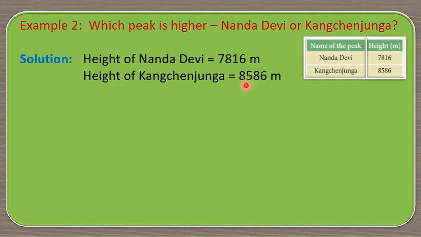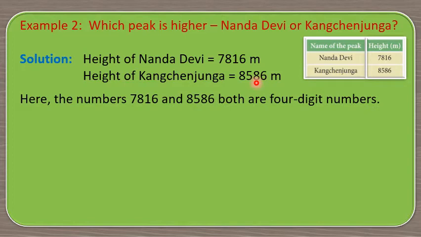Children, 8,586 meters means it is more than 8.5 kilometers. That means these mountains are very high.